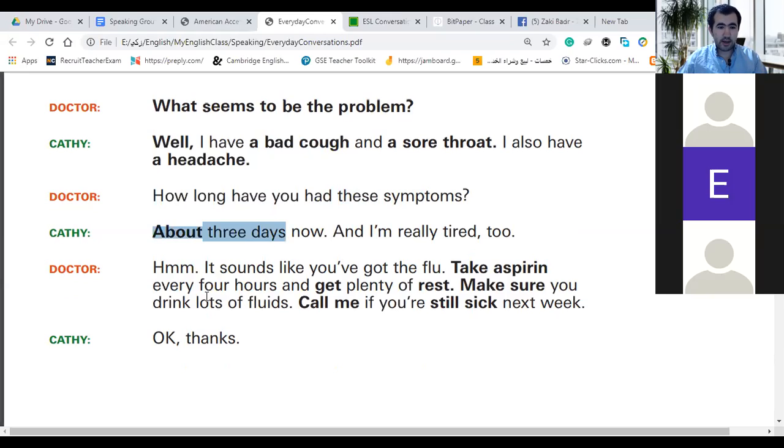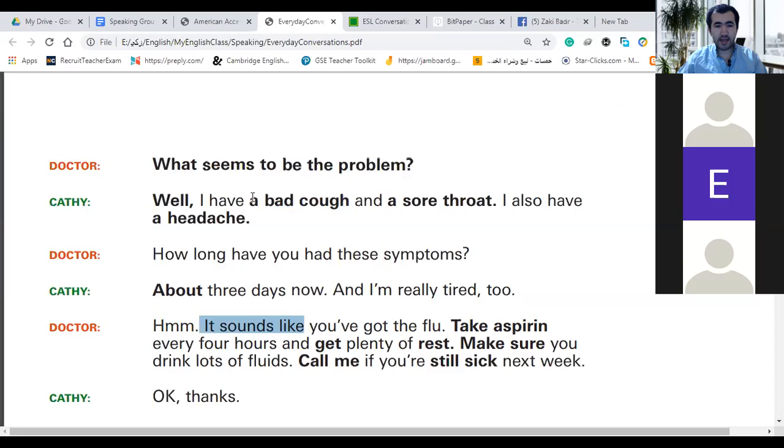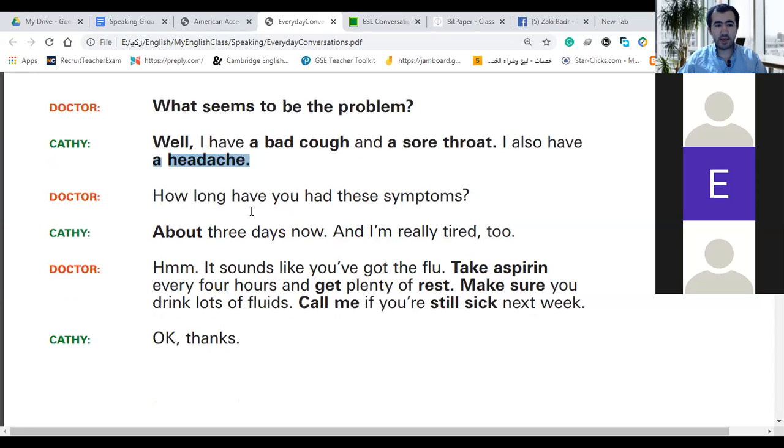Sounds like you've got the flu. All right? It sounds like means he's not pretty sure; he's guessing. From the symptoms that he has listened to, he hasn't seen any symptoms, but he just listened to the patient, the sick person.